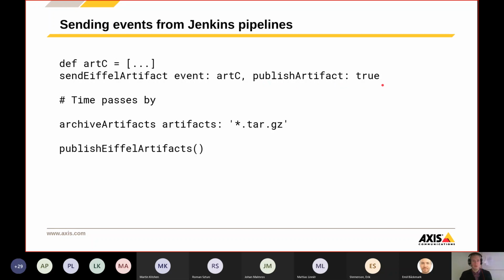And this will record the artifact creation with the build, similarly to the events.json file that we looked at earlier. Then you archive the artifacts, and then you can just call the publish Eiffel artifacts. So it's the same thing really as the earlier example. The difference is the bookkeeping of the artifact creation events is done internally, and you don't need the events.json file.